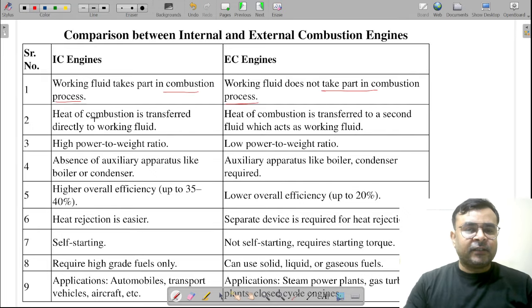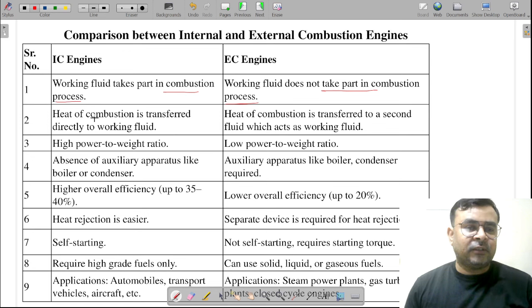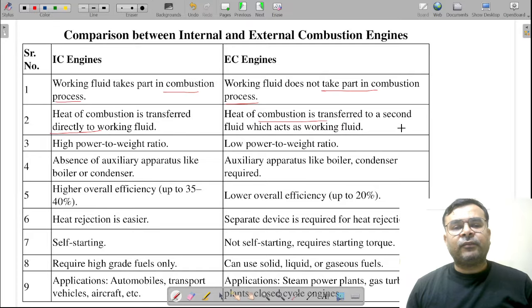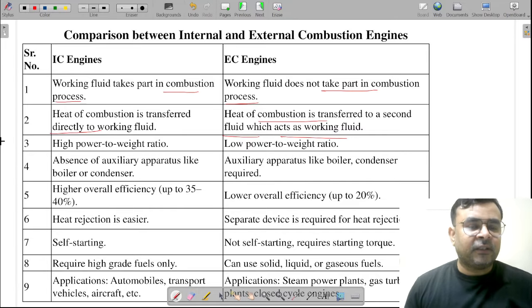First, when you burn the fuel, it produces steam, and that steam is further utilized to produce mechanical work. Okay. And the heat of combustion is transferred to a second fluid which acts as the working fluid. It means this fuel energy directly cannot be used to run the engine.